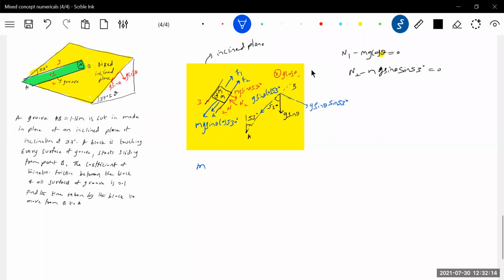Let's calculate ma. ma equals mg sin theta cos 53 degrees minus F1 minus F2. What is this? This will be mu n1, mu n2.